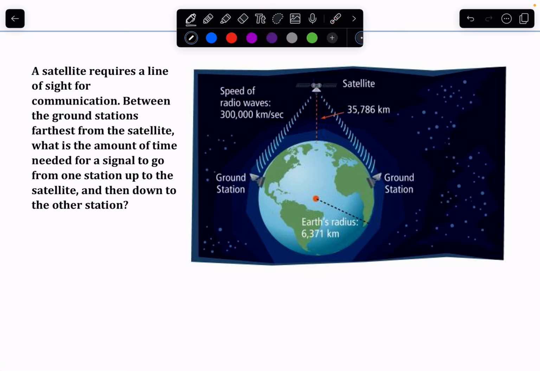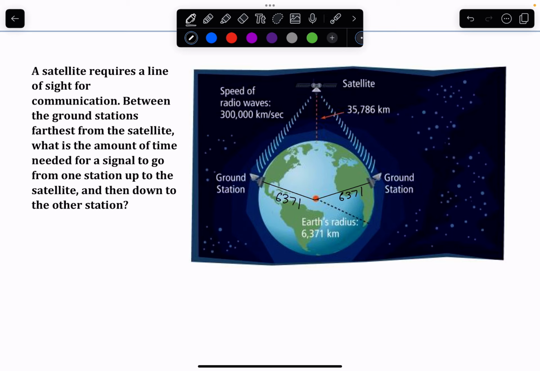The first thing I'm going to do, and this is something we're going to do a lot in this chapter, is we're going to find some convenient places to draw in the radius. They told us that the radius was 6,371 kilometers. That's good, but we can probably make it a more convenient measurement by drawing that same radius from the center to the ground station. So that's 6,371. And we'll do the same thing from the center to the other ground station.